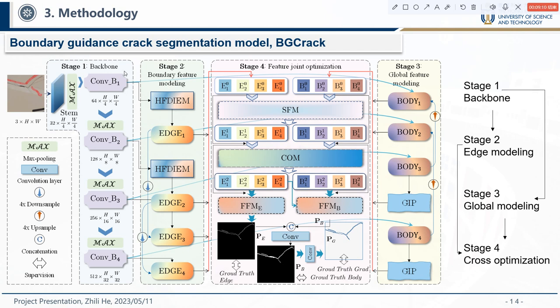Stage 2 is boundary feature modeling. Stage 3 is global feature modeling, and the last one, stage 4, is the feature joint optimization. The data will be fed into stage 2 and stage 3 after passing through stage 1. I will introduce some core modules of this BGCrack in the next slides in detail.